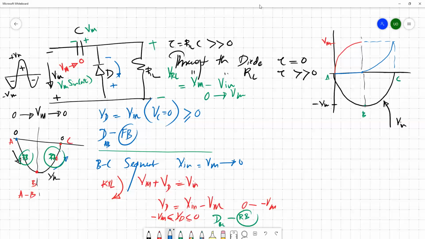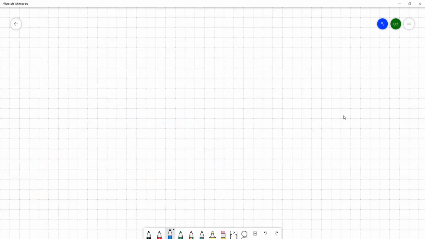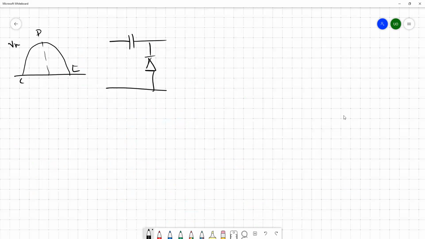So next, what happens? Now this negative cycle is already discussed, so we'll move to the positive side. Okay. So now we have the circuit. This is already charged to Vm.